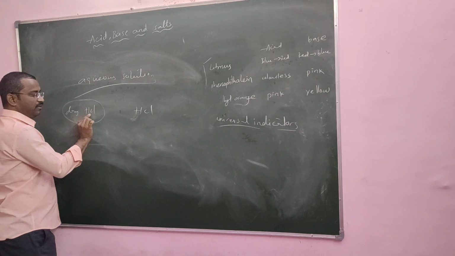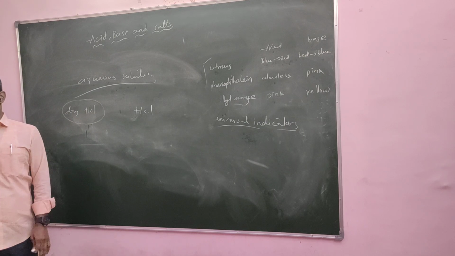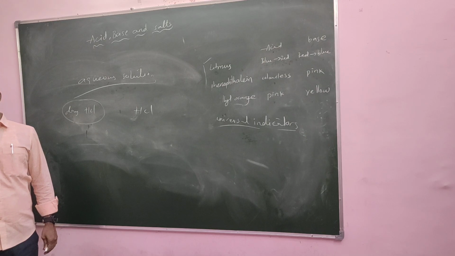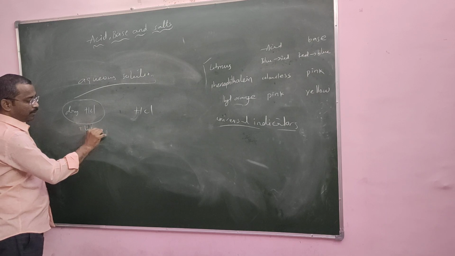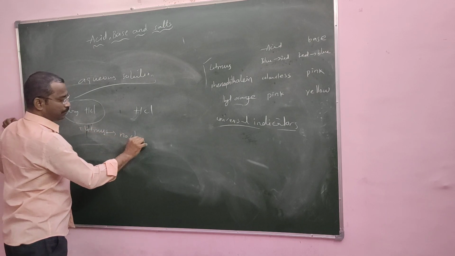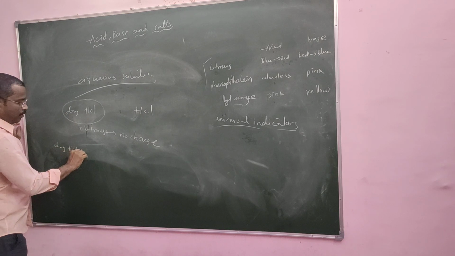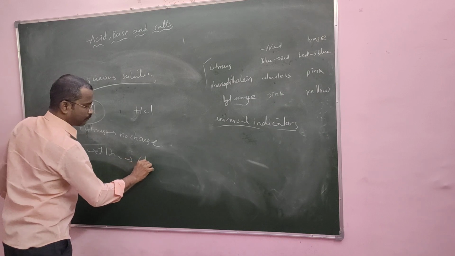If you are testing dry HCl with litmus paper, there is no color change. But take a litmus paper which is wet. So dry HCl plus litmus paper, no change. Dry HCl plus wet litmus paper, color change.